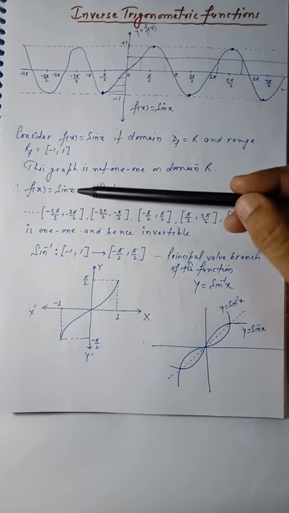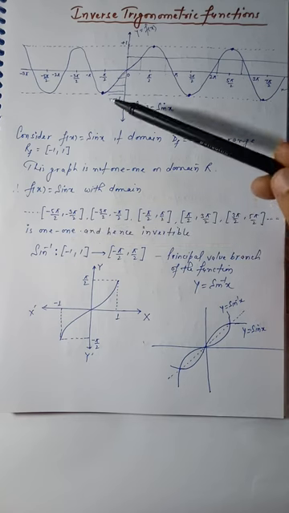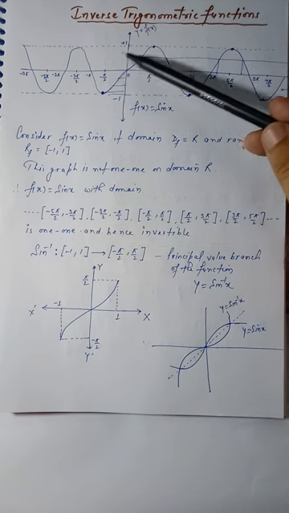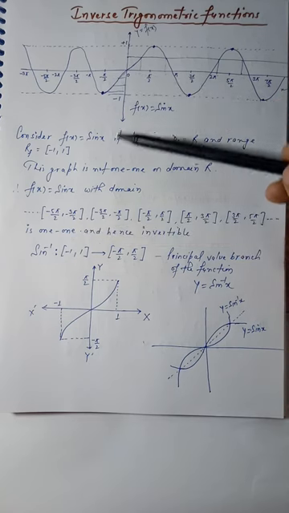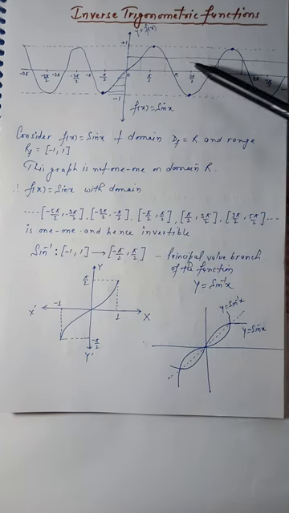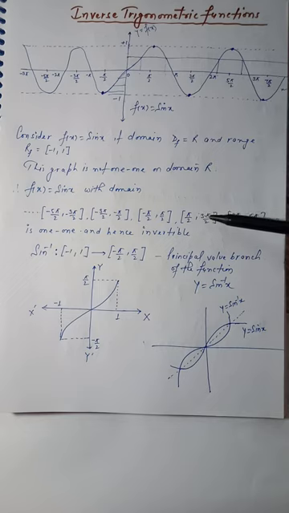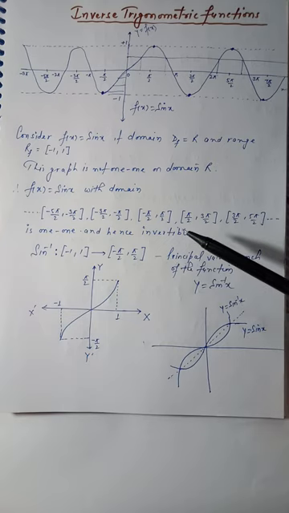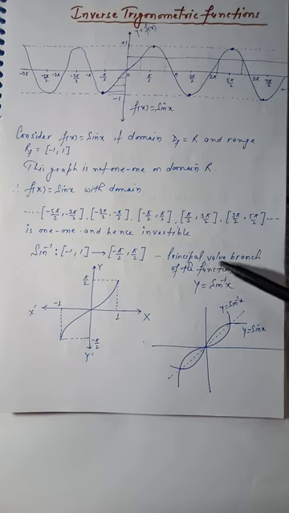Sine inverse is a function, but for minus pi by 2 to plus pi by 2 we get one branch of sine inverse. Similarly for pi by 2 to 3 pi by 2 a different branch of the function, for 3 pi by 2 to 5 pi by 2 a different branch of the function. So please note one thing: in this chapter we are only interested in the principal value branch of the function.